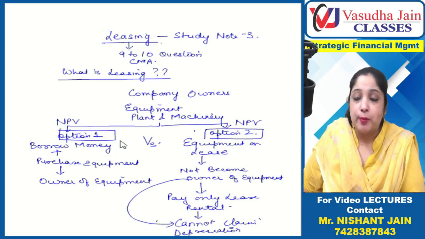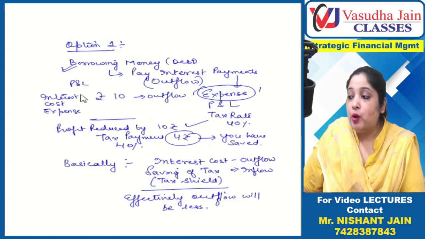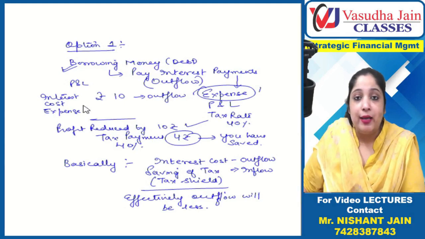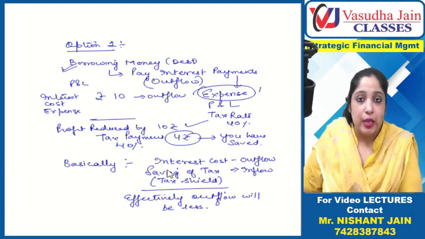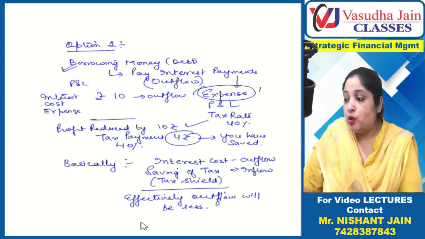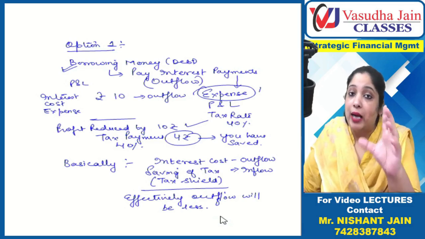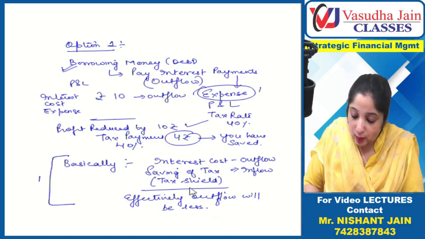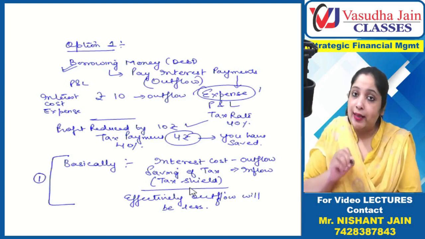So in option 1, when you borrow money, every year, periodically you have to make the interest payment. So it's an outflow that you have to consider, but you save tax on it because on every expense you save tax, so you get a tax shield. So effectively, how much is the outflow, we have to show in calculations. So this is going to be one of the calculations that we are going to learn and study.